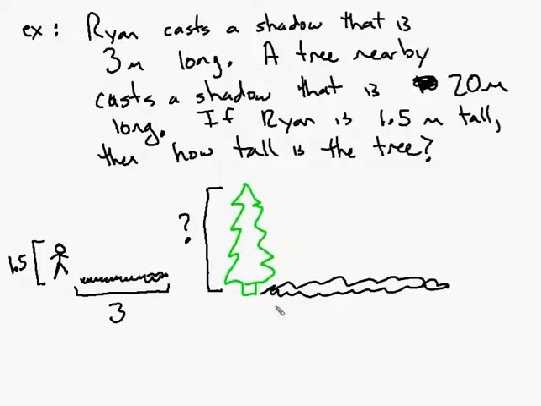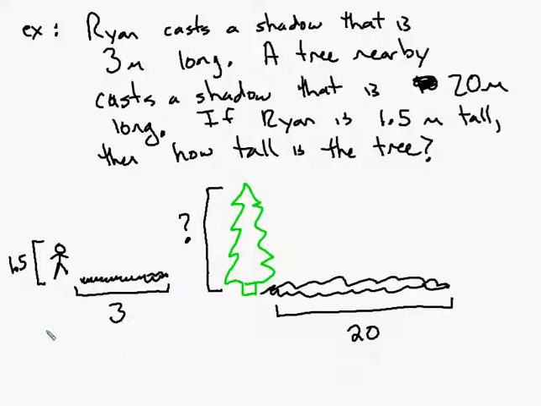So we're wondering how tall the tree is. So hopefully you see the tree is probably 10. Okay, because double Ryan's height, you get 3. So half this, you get the tree, right? Kind of like common sense. But what we're getting at is theoretically, if you're standing outside at the same time, the relative length of your shadows will be in proportion to all the shapes that are casting a shadow simultaneously.